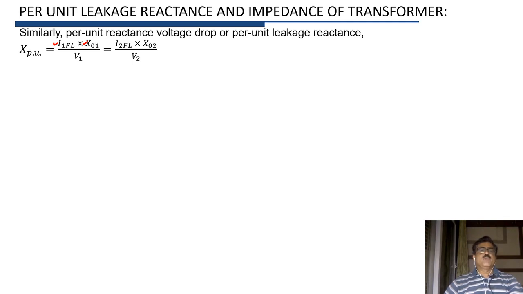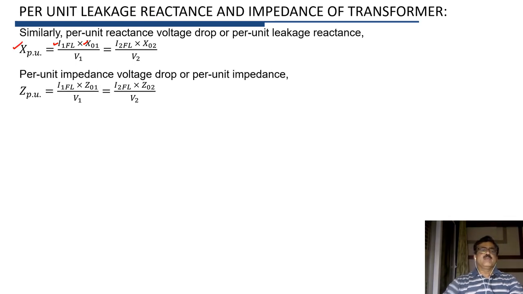So I1 full load into X01 divided by V1, or I2 full load into X02 divided by V2, is nothing but the leakage reactance of transformer in per unit, that is XPU. Similarly, you can write the expression for ZPU.